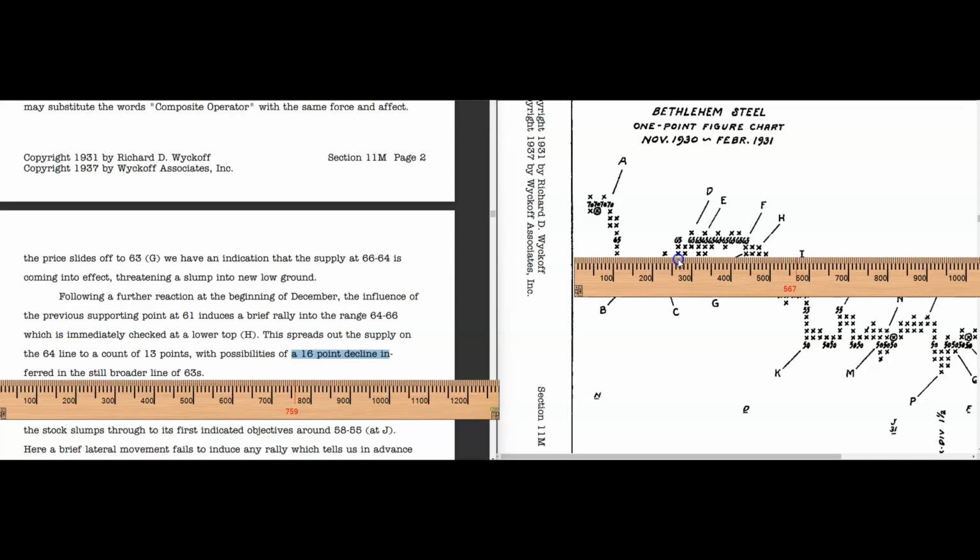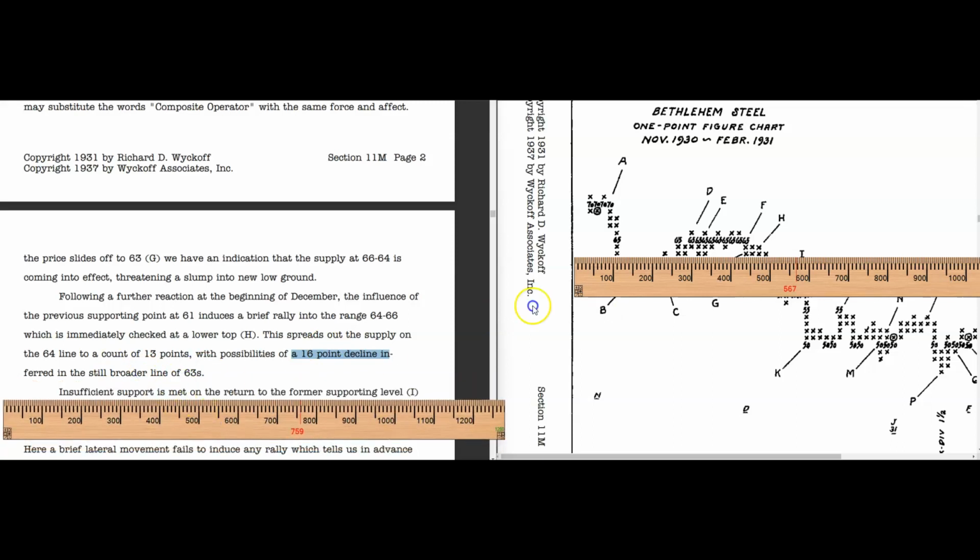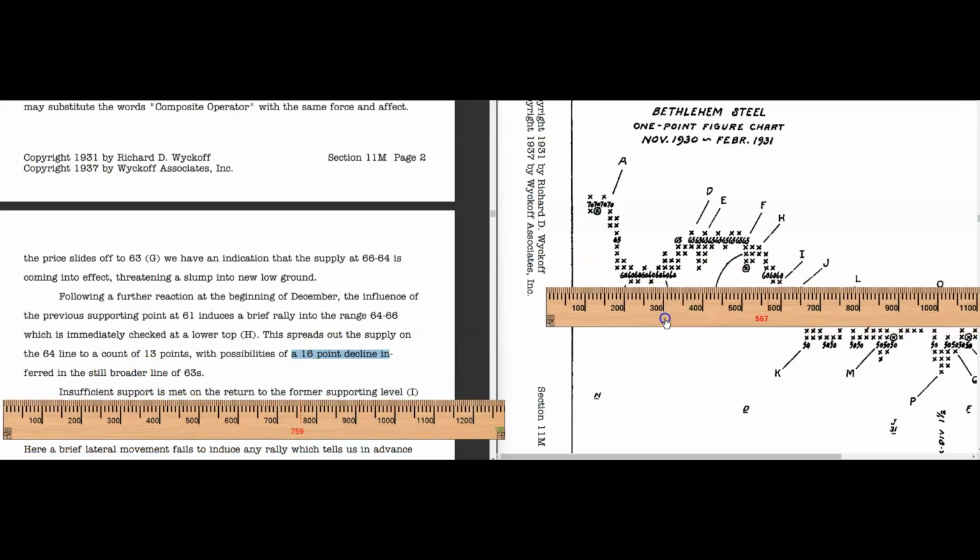So how do you know which line to use? All right. Before I go into that, I'll wait until we get to it. But here's one important thing: when you're doing pullbacks and counter trends, be very, very conservative.